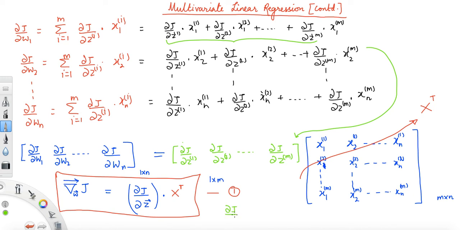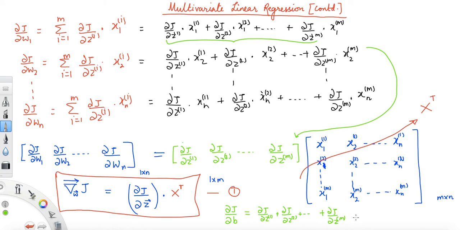So we have del J over del b as nothing but del J over del z1 plus del J over del z2 plus so on, plus del J over del zm.